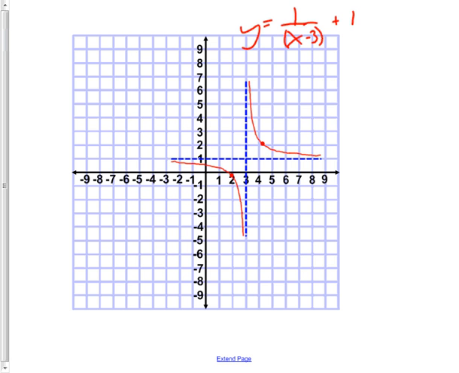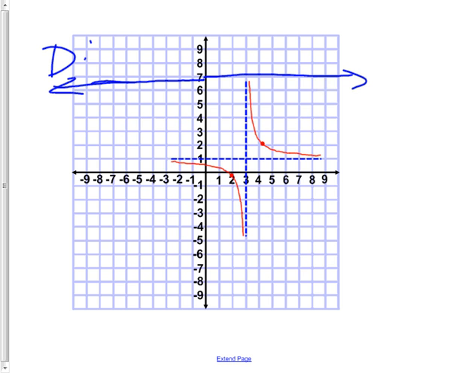Now, these are trickier to read for the domain and range. But it's still, if you follow the way I've been telling you, think about how far does it go this way, and then travel with it back this way until you hit glitches, and then see how far it goes that way. Okay, so domain would be from what to what? Negative infinity until it hits what? Not 0. The one I got on the board here, it hits 3 and has a problem.